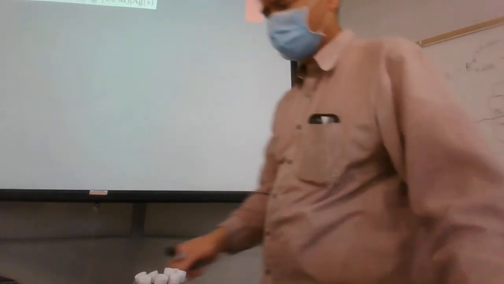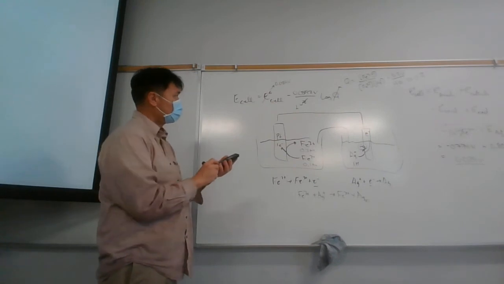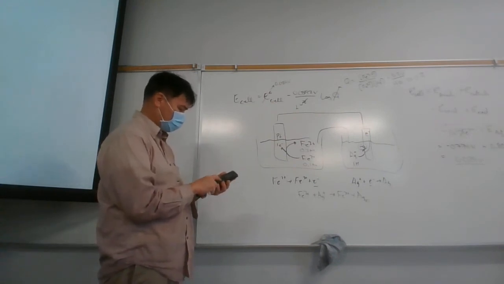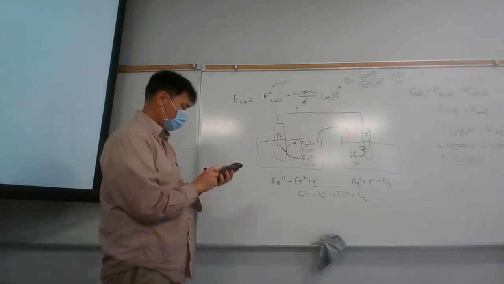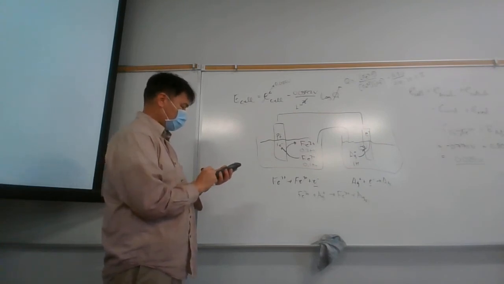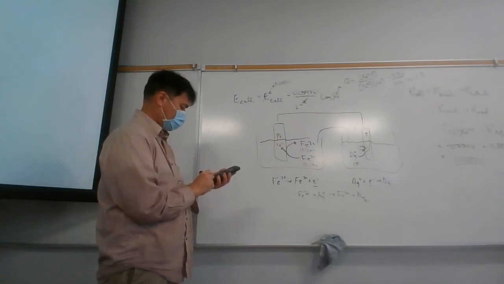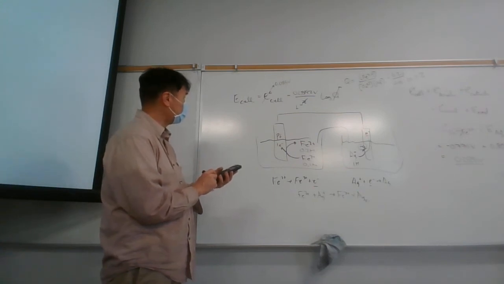So let's calculate this potential here. We'll take the log of Q, which is log of 2, times 0.0592, and then subtract it from 0.029.